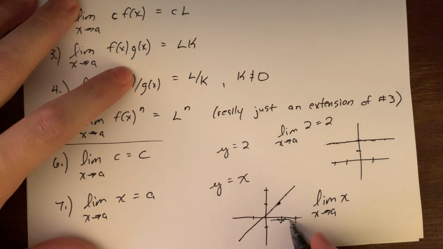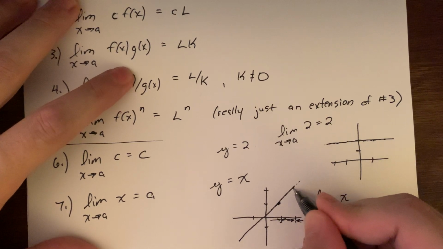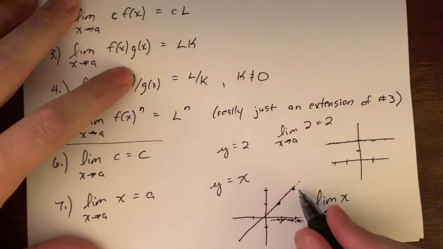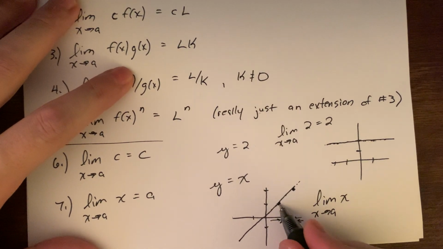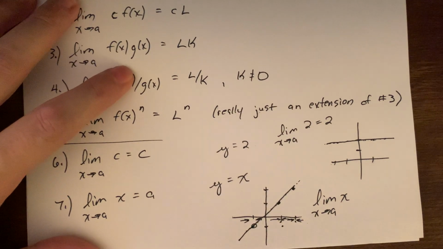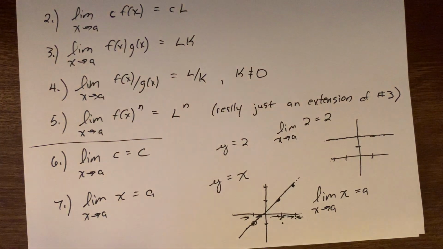If I let my a value be 2, approach from the left, approach from the right, I'm looking at these points and these points, once again coming together, this time at a y value of 2, so I'm not getting the same limit here with this x as I did here with this x, but I'm still noticing that the limit value here matched the x value we approached, and that same thing happened here. And one more time, even if I did it over here, approach -1 from the left and from the right, these points and these points coming together right here at -1. So again, not a formal proof, just a little generic use of this.